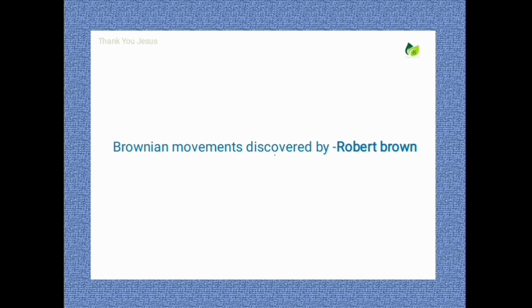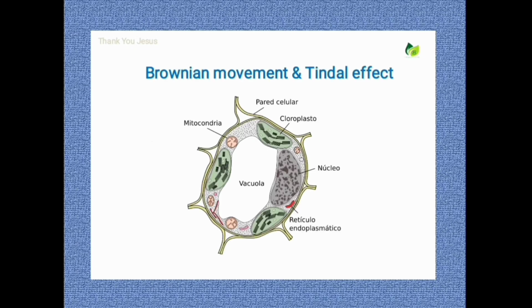What is Brownian movement? Brownian movement is the movement of colloidal substances in all directions. So protoplasm exhibits Brownian movement of colloidal substances in all directions. That means protoplasmic substances move in all directions.